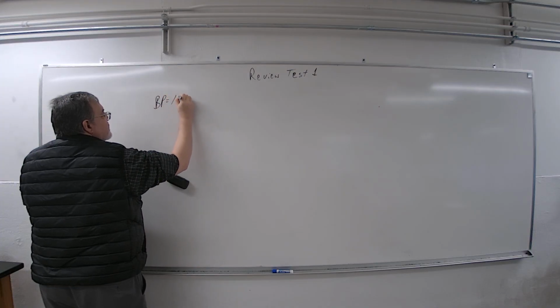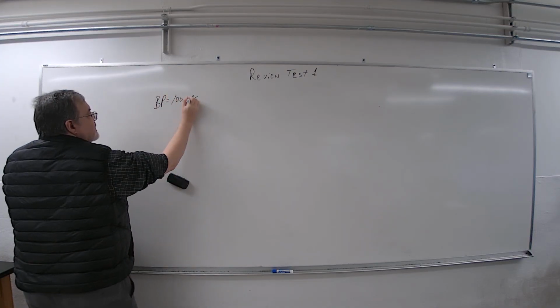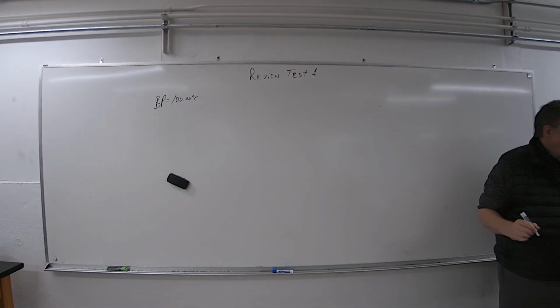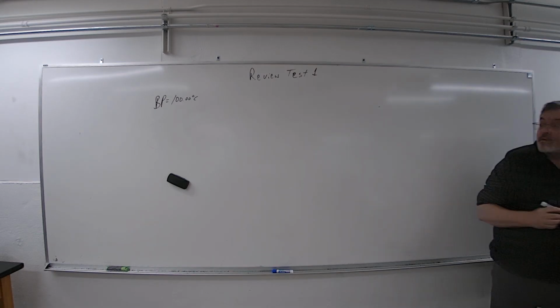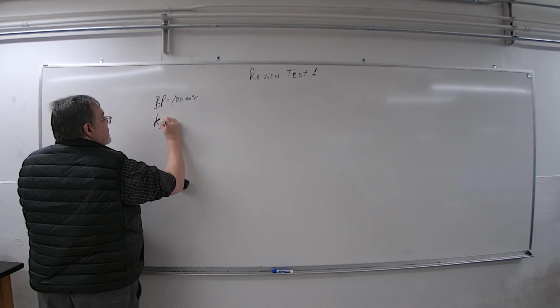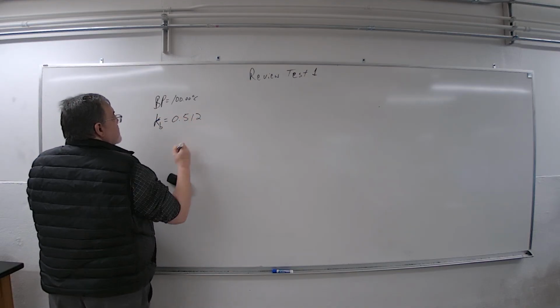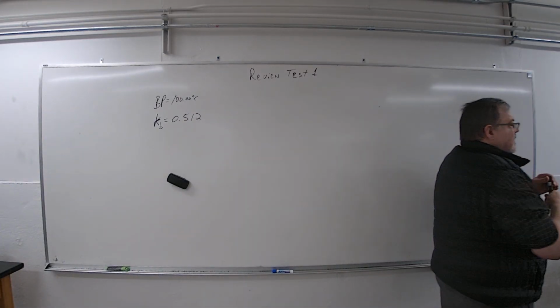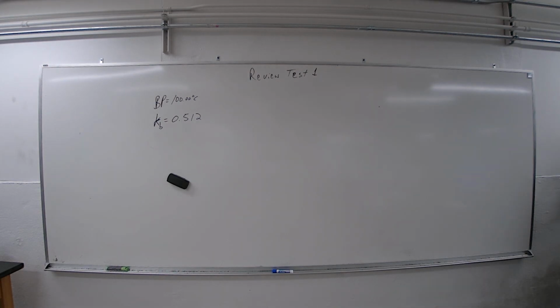BP equals 100 C, and what we need here is the KB constant for water, which is 0.512. So yeah, the units are per degree C molality. So what we need is the molality.